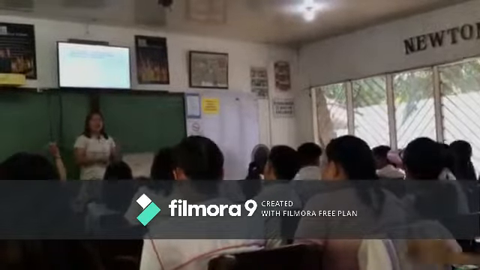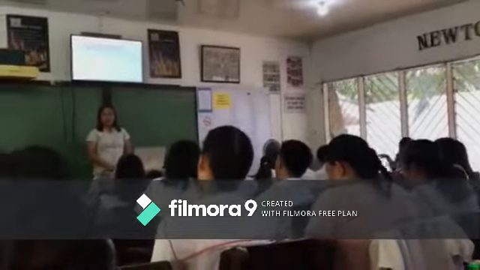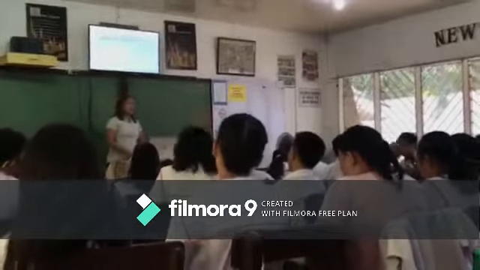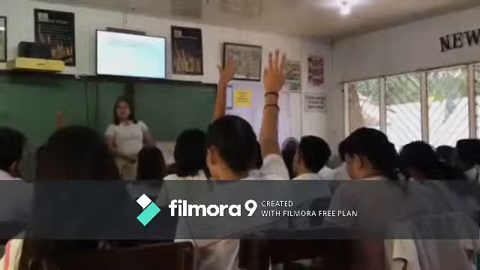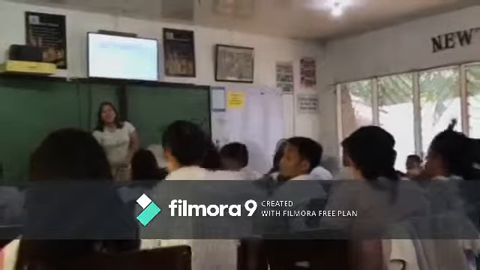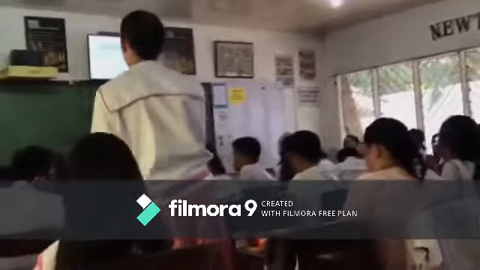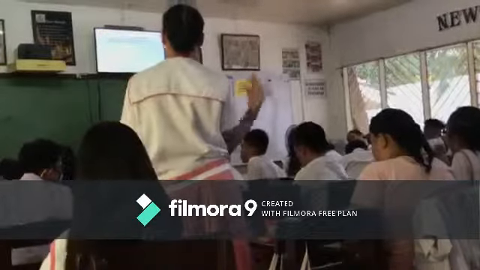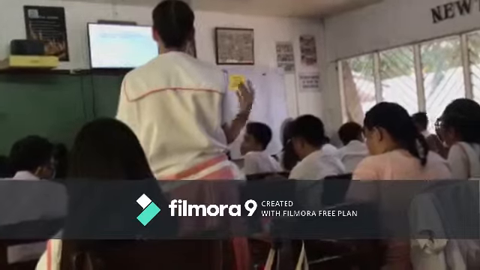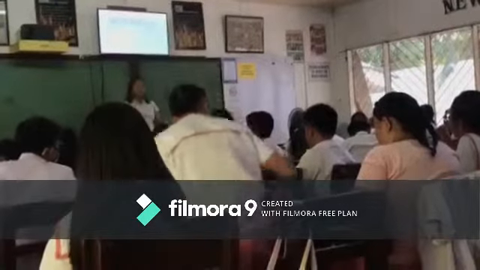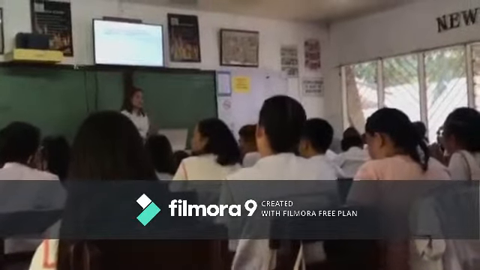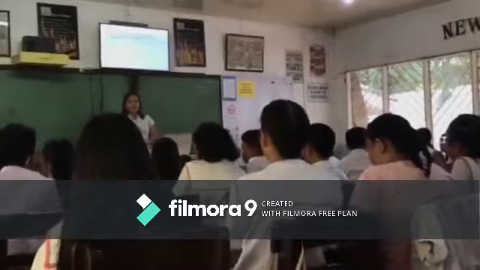Are the 2 events dependent or independent? Independent. Okay, why independent? Let's have Teves. Because when the coin is tossed, it will not affect what will come out on the die. Okay, very good. Yes, when you toss the coin, it does not affect the die.